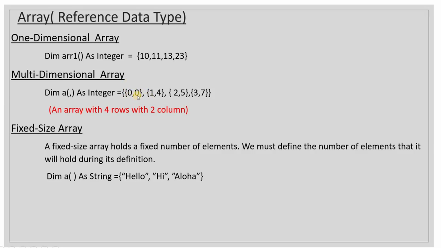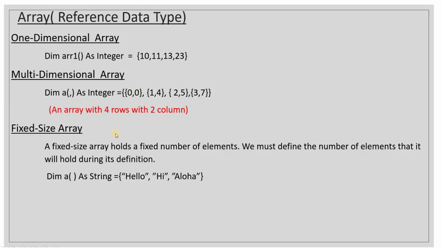Okay, 0 0 means row 0 has the value 0. Then the first row, here 2 is the second row, 3 is the third. That means array A with 1, 2, 3, 4 is 4 rows and how many columns? 2 columns. 1, 2.